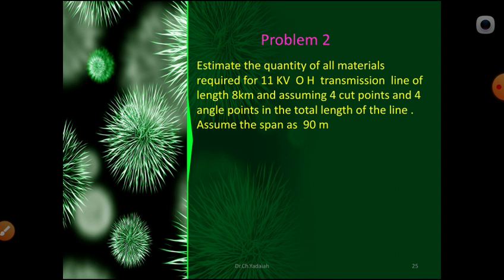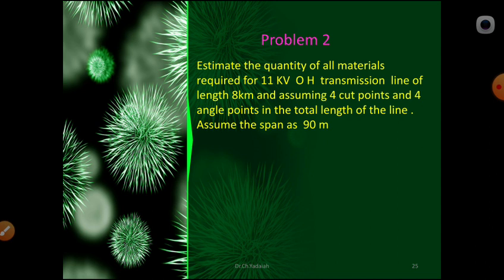And at cut points we have to provide 2 stay sets for a single pole. So here they are assumed as double poles at each cut point. And next, at an angle the pole is turned 90 degrees.